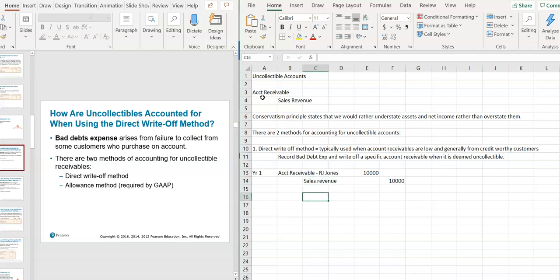But the year comes and goes, and in year two, I haven't heard from RJ in the whole year. He hasn't paid me any money, and I decide to write off his account because I can't get a hold of him. So I have bad debt expense, and I take off the account receivable for 10.